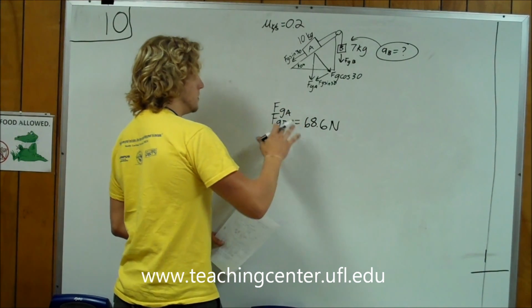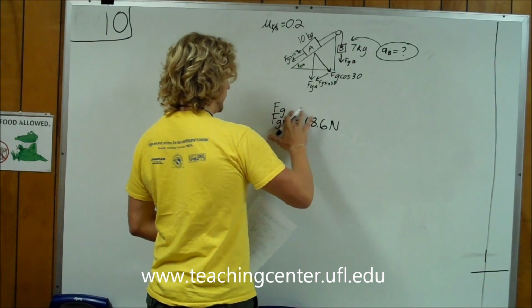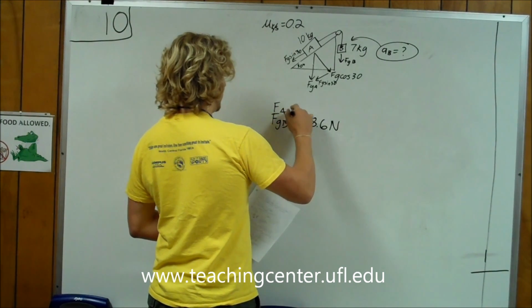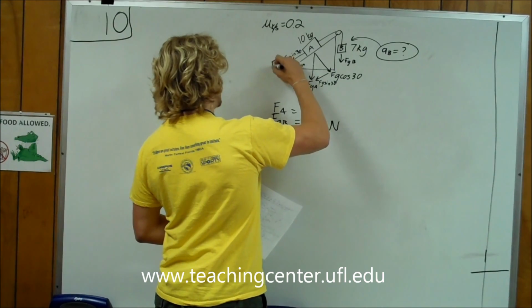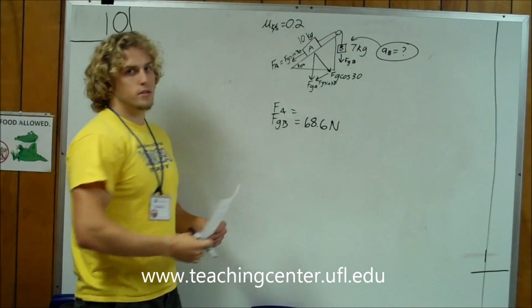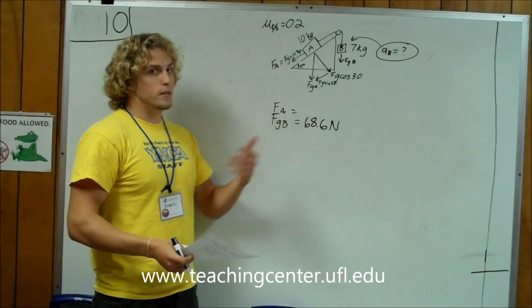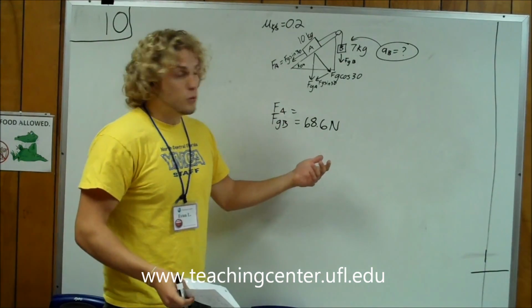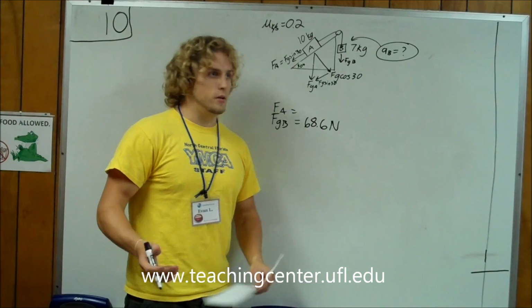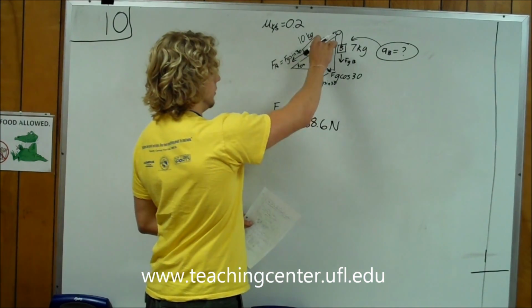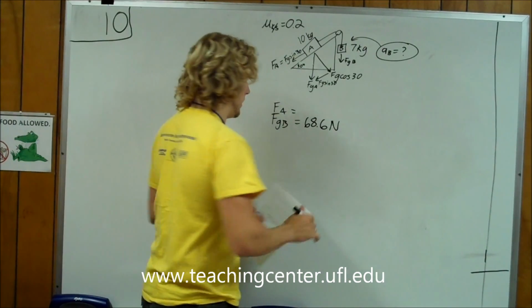Then we need the opposing FGA. Let's go with, this is FA. Just to make labeling easier, you can do this differently than me. I make my own ways of keeping track of the variables. So FA is what's pulling block A down the ramp.